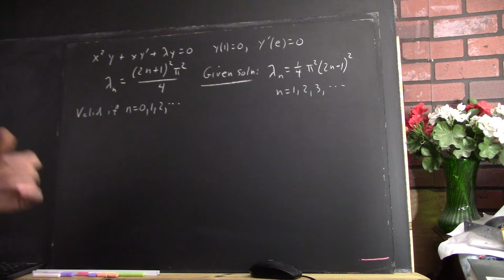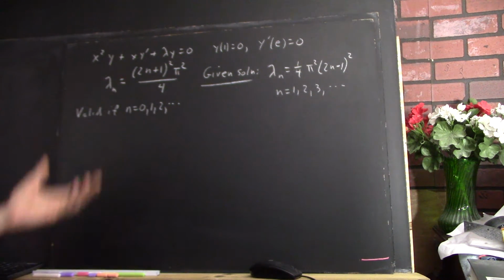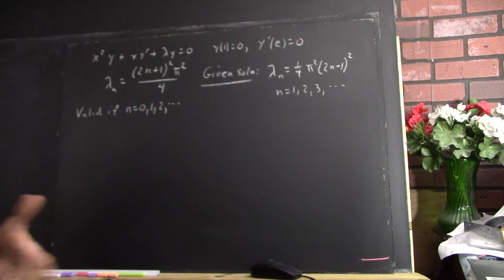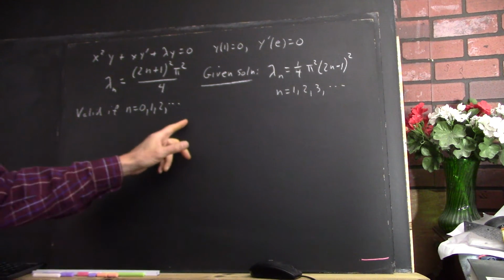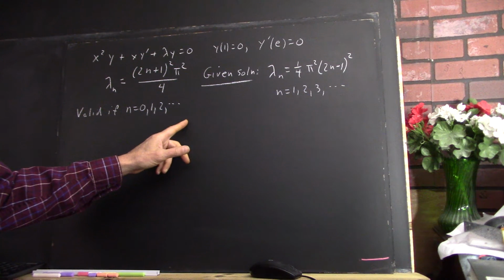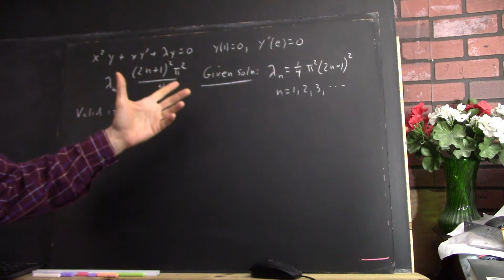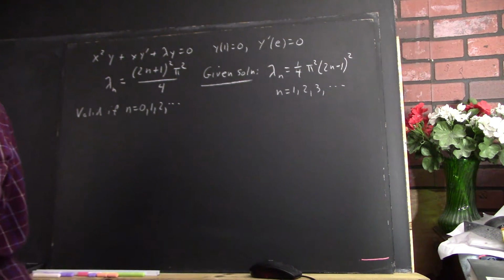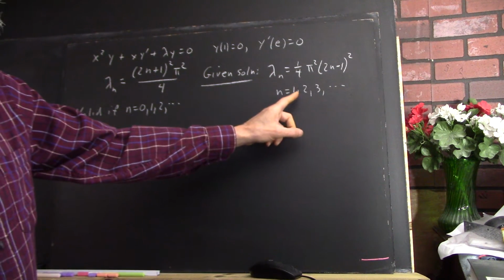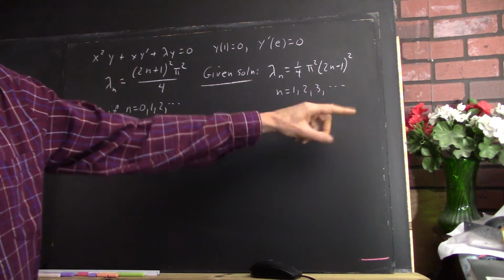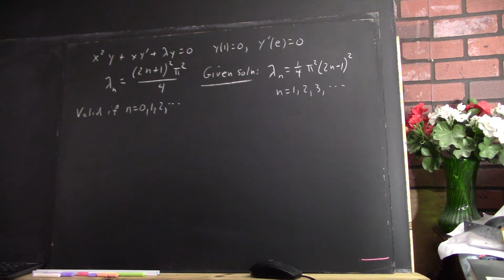I'm not going to say any more about that. I'm going to give you credit for that because obviously you did everything right, and WebAssign didn't ask you to specify your values of n. So you fulfilled all the requirements of the question, but generally we're going to let n be 1, 2, 3, and so forth. So you want to keep that in mind.